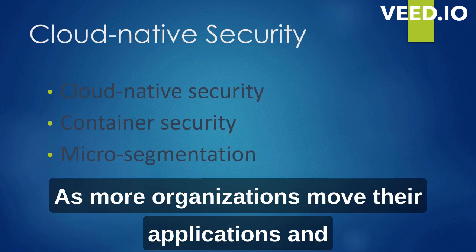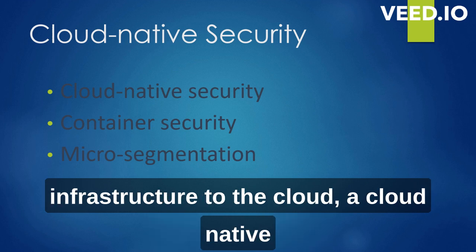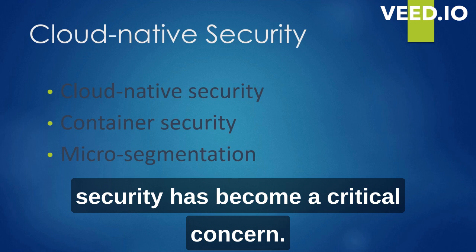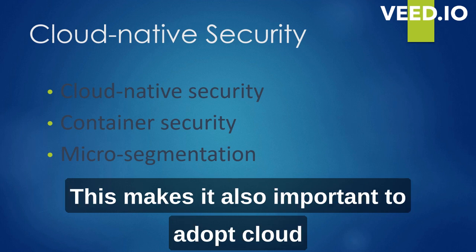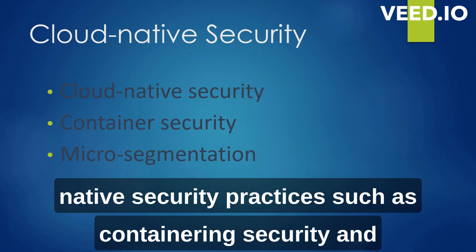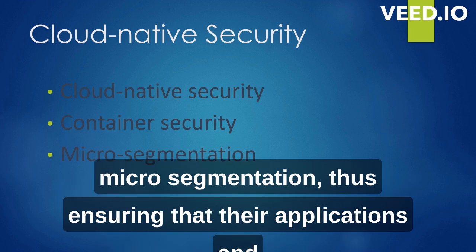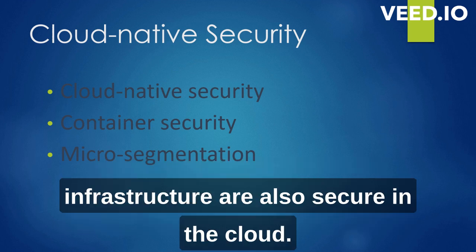As more organizations move their applications and infrastructure to the cloud, cloud-native security has become a critical concern. This makes it important to adopt cloud-native security practices, such as container security and microsegmentation, thus ensuring that their applications and infrastructure are also secure in the cloud.